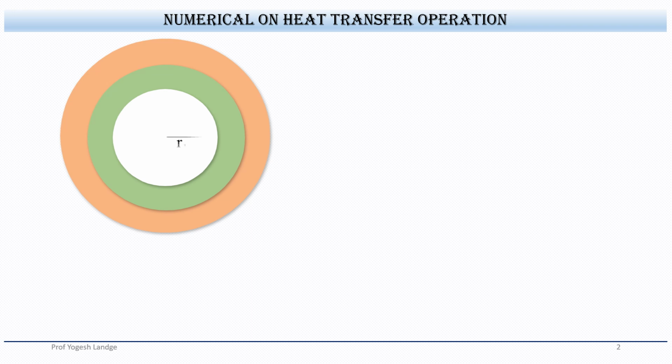Now the data which is given: R1 is the inner radius of the pipe, R2 is the outer radius of the pipe, R3 is the radius of insulation, T1 is the inner temperature, T3 is the surrounding temperature, H1 is the inside heat transfer coefficient, H2 is the outside heat transfer coefficient.